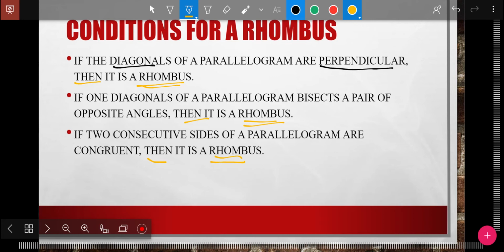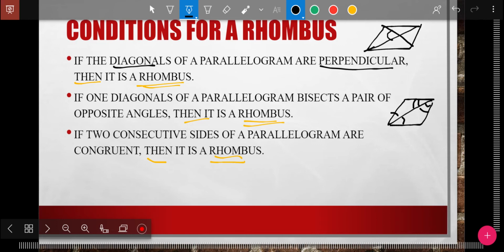And so let's draw a quick example. So we have this shape up here. We don't know if it's a rhombus or not, but they told us it's a parallelogram. And if they draw the diagonals in and tell me that this one's 90 degrees, I know for sure it is a rhombus because diagonals are perpendicular. Or if we have the shape and we're not sure if it's a rhombus or not, but we see one diagonal splits the corners into 2 equal angles, I should say it splits both opposite angles into 2 equal angles, then we know it is a rhombus.